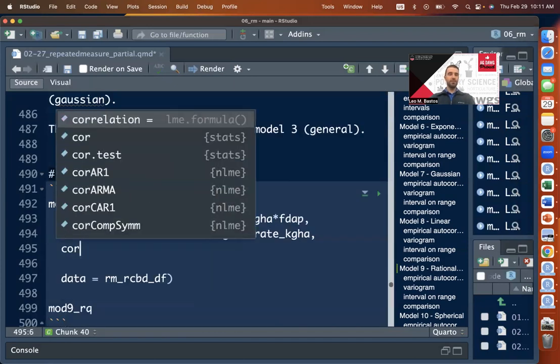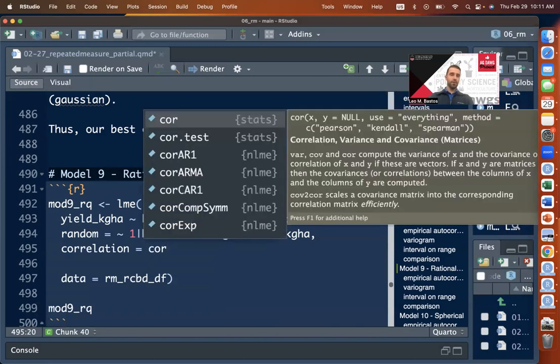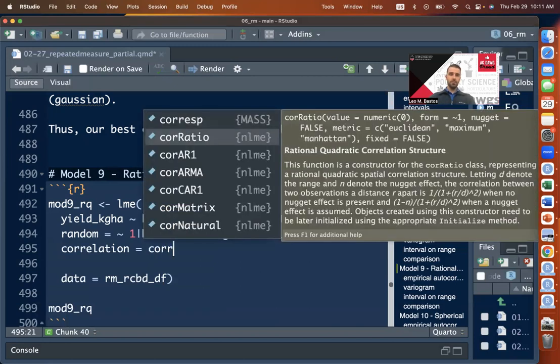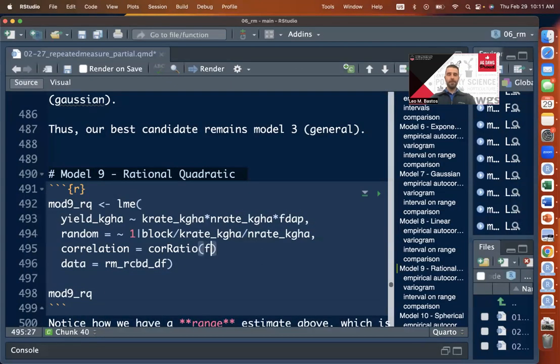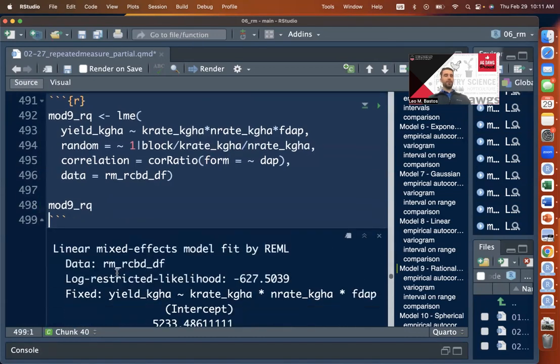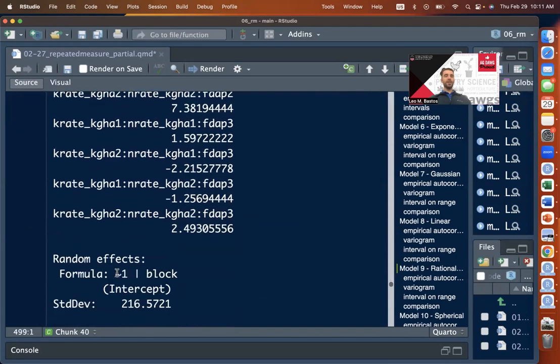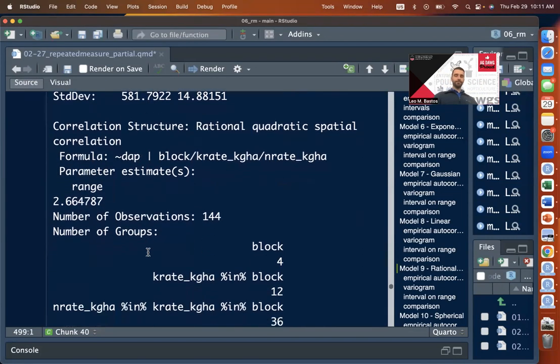So we specify correlation equals the function corRatio, which is the name of that function for the rational quadratic. The same thing, we say form equals tilde DAP. We run it. Let's print it to see what the range estimate of this model is. It is estimating the range to be almost 2.7 days.